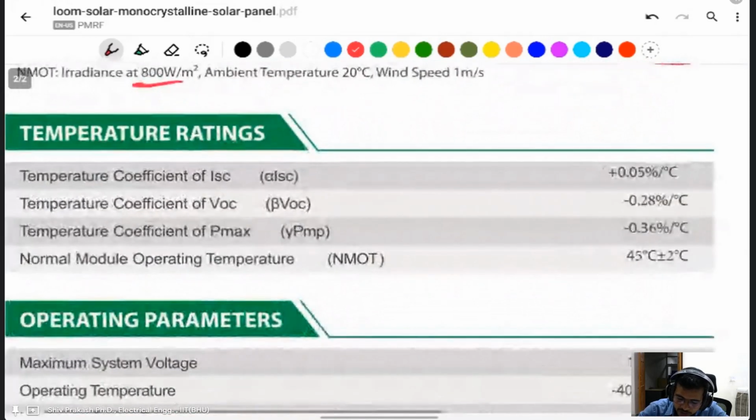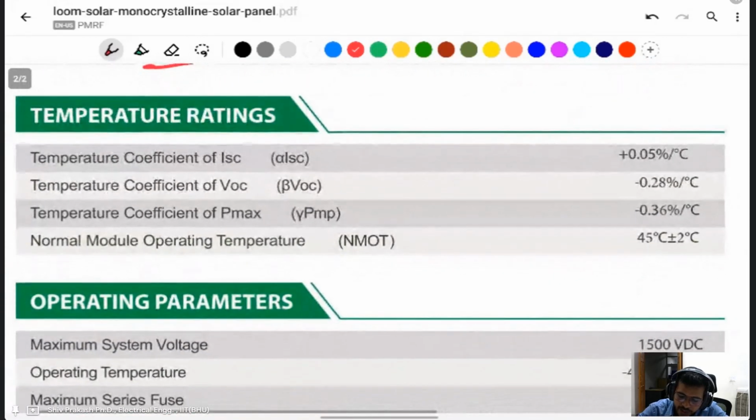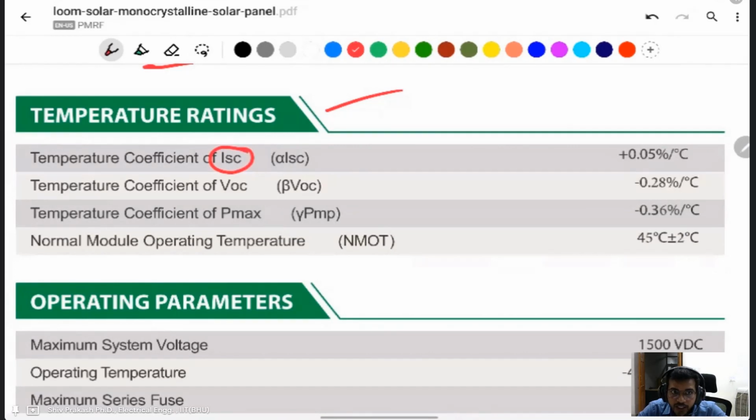Then look here at the temperature rating, the effect of temperature on the panel. Short circuit current has a positive temperature coefficient of 0.05% per degree centigrade. If you increase the temperature, the short circuit current will increase at 0.05% per degree centigrade.